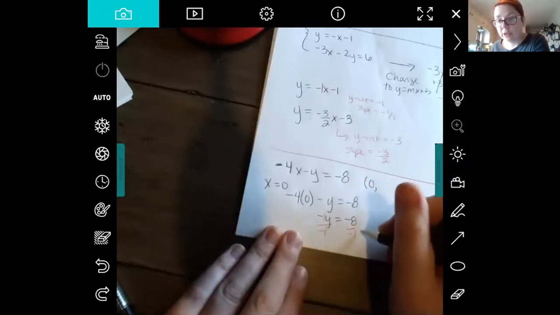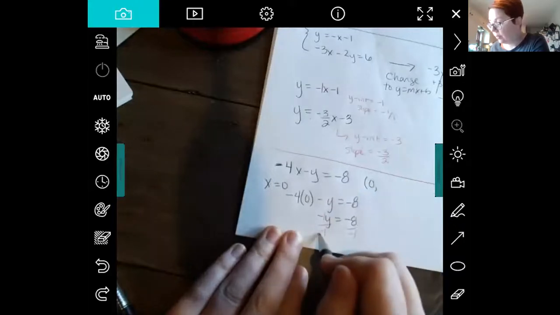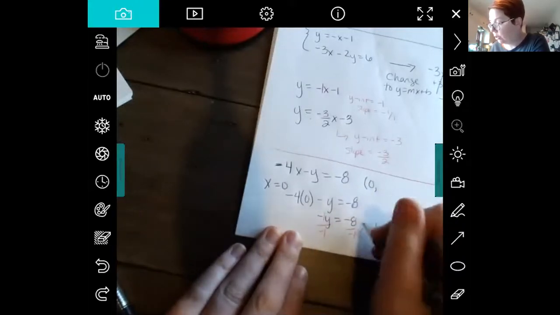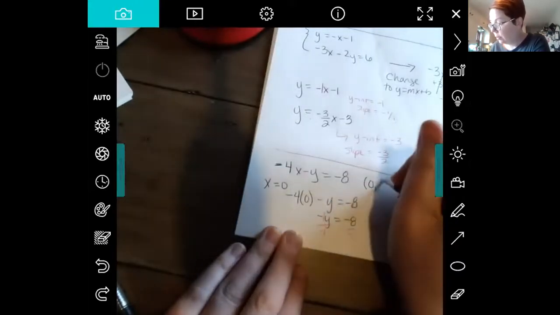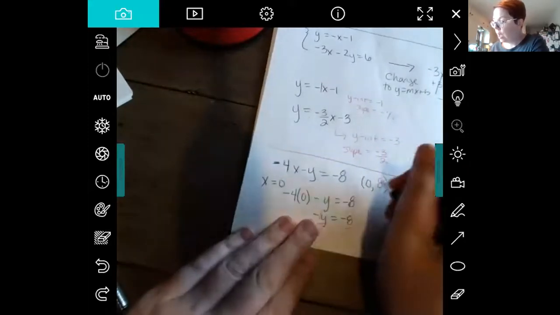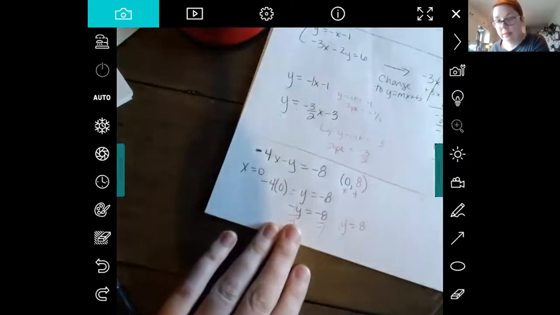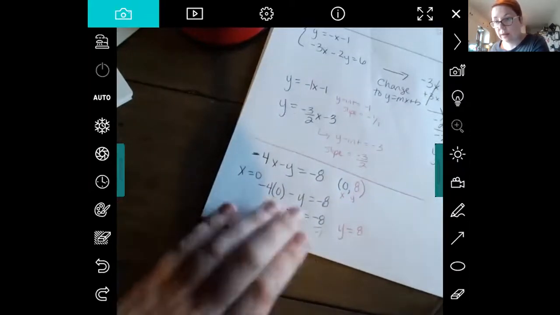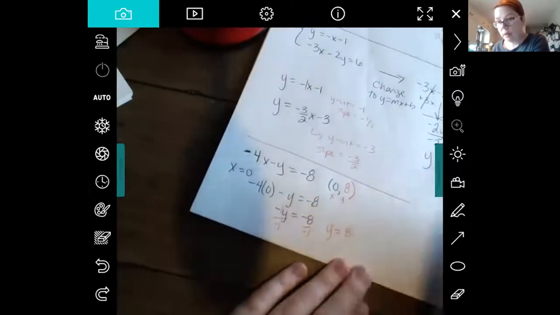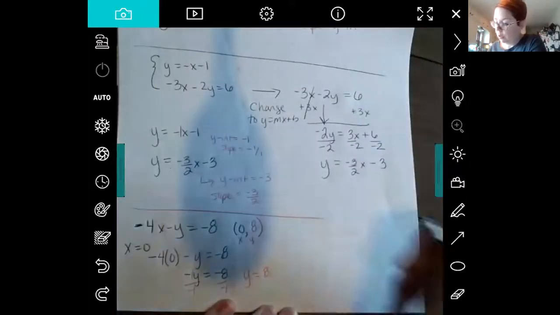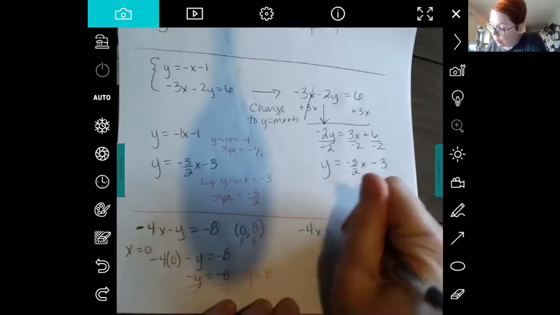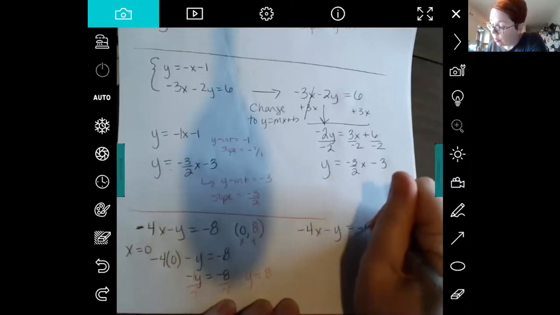All that does is change this sign. So if you change the sign of the left side, you're going to change the sign of the right side. So we have a point there of when x is 0, y is 8. It's going through the y line at 8. And then so we need another point, right?